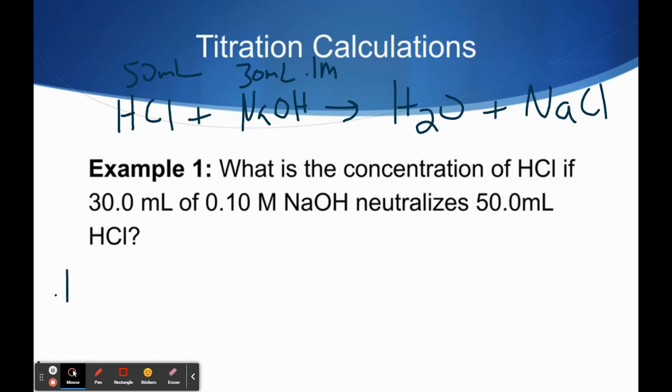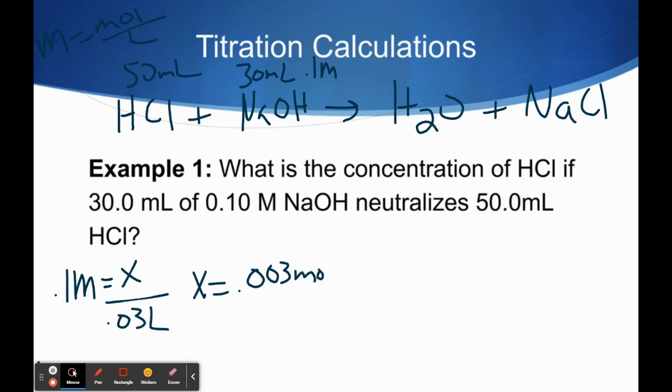So we do 0.1 molar is equal to X over 0.03 liters, because remember, when we're using our molarity equals moles over liters equation, the volume needs to be in liters. So our moles of NaOH are 0.003 moles.